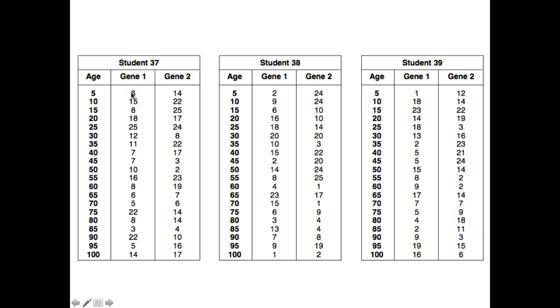So my person 1 at the age 5, or my first student at age 5, the gene was activated. So that individual is going to have that mutation, and that codes for colon cancer at age 5. For student number 38, that will happen at age 15. And for student 39, they will not result in cancer because they do not have that on gene 1.